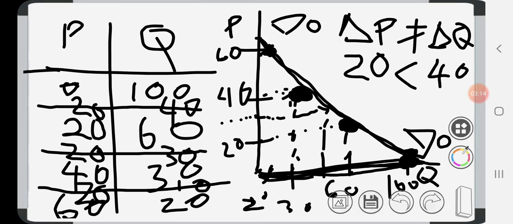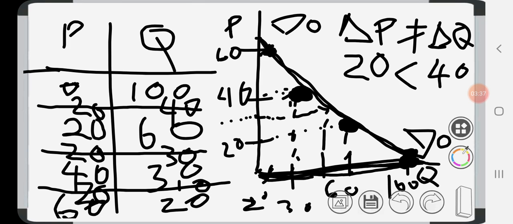Now, for us to be able to see the impact of this, we want to then compare the change in price over the change in quantity so that we can see by how much this particular line is affected. By how much is the quantity affected along the line.